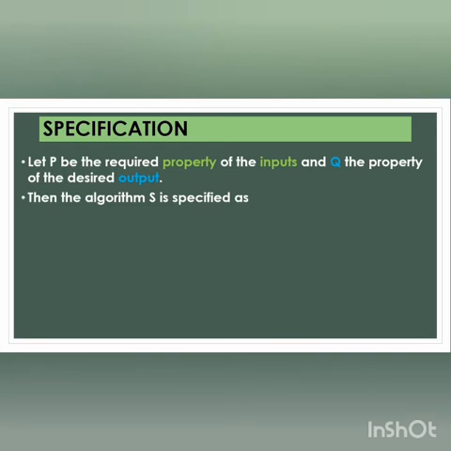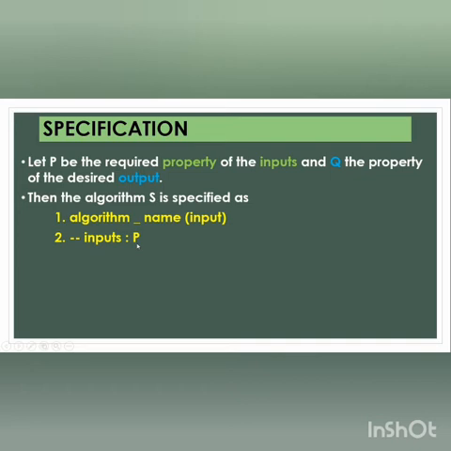How do we write the specification for an algorithm? In the first statement, we have to mention the name of the algorithm with its inputs. This line indicates the name of the algorithm. In the second step, we have to mention the property of the input, that is, double dash inputs colon P. Here a double dash indicates that the rest of the line is a comment.